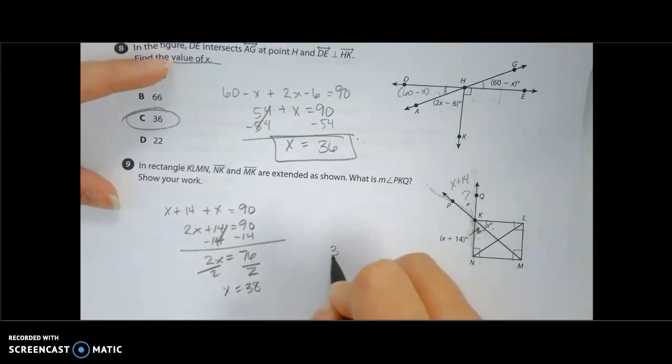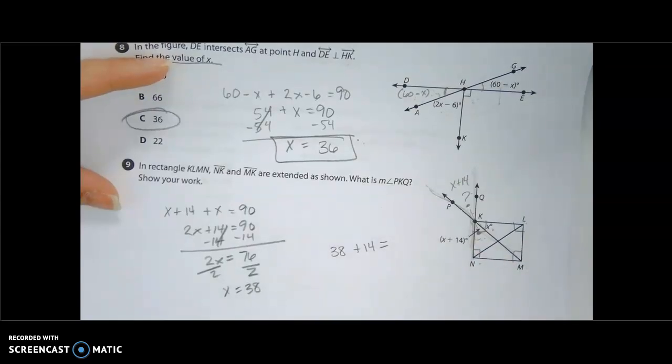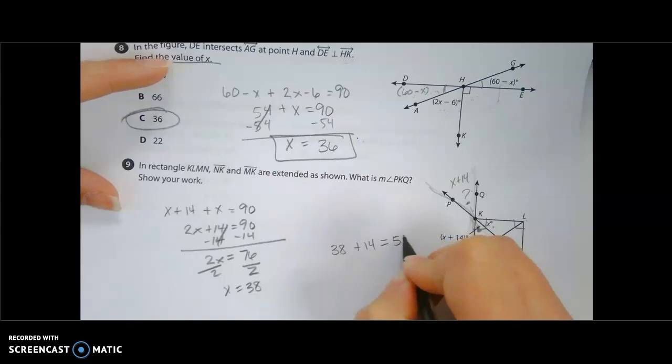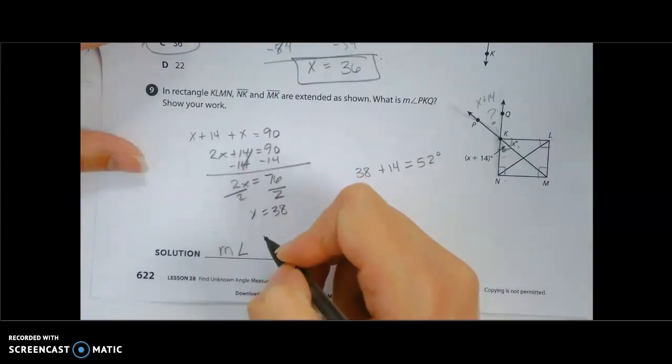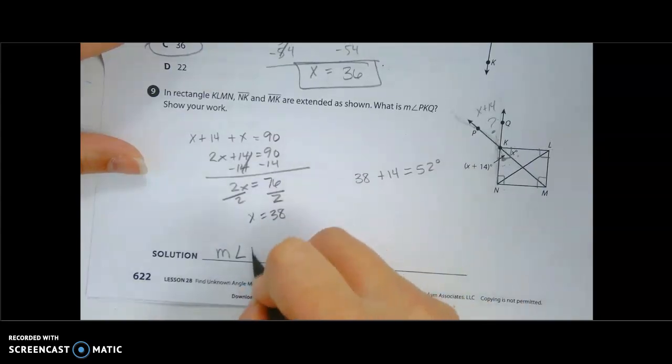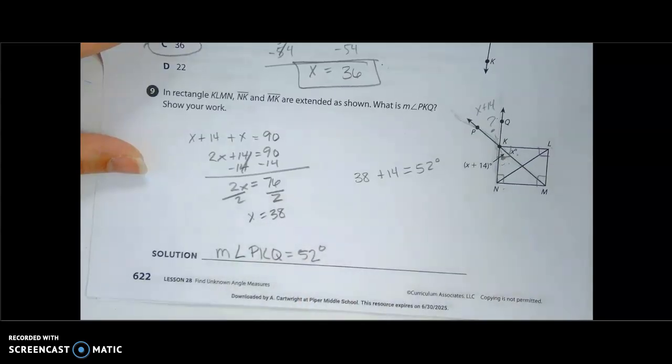So I'm going to do 38 plus 14, which is going to give me 52. So the measure of angle PKQ equals 52 degrees.